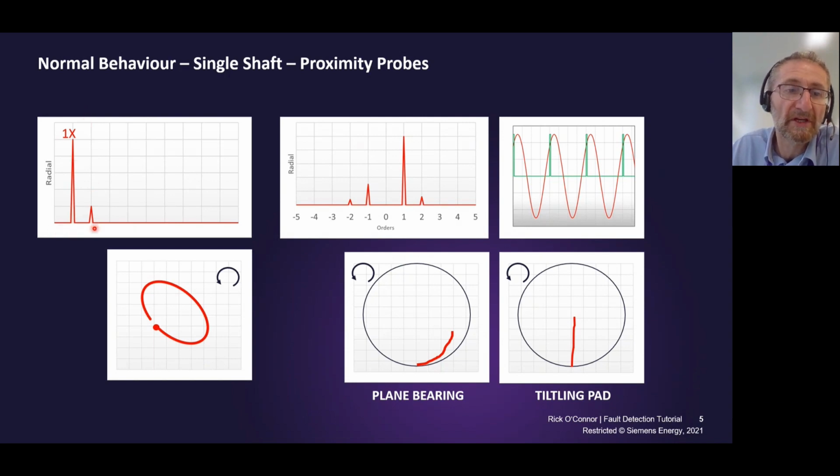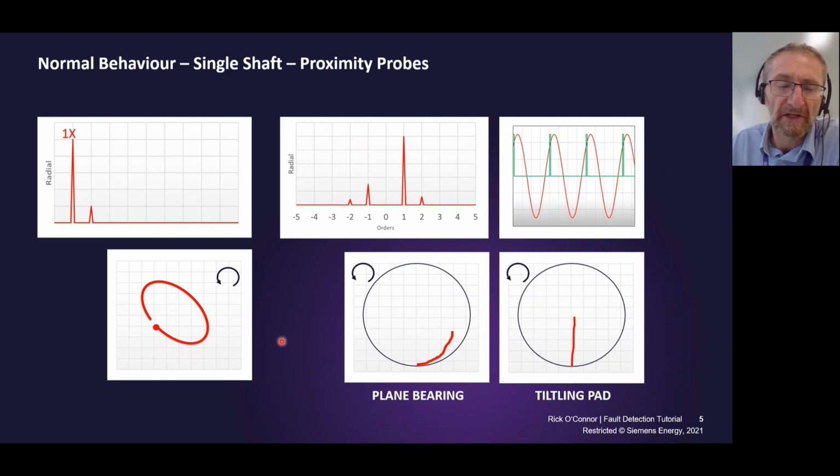There may sometimes be a secondary peak there. If you looked at the full spectrum, it should be traveling in a forward precession, so this will be dominant. And the orbit we would expect to see typically travels in forward precession and maybe slightly elliptical, just because of the different stiffnesses in there.